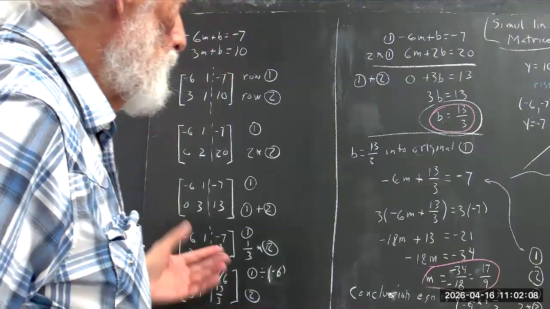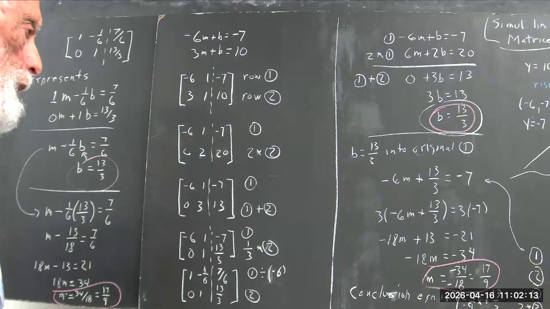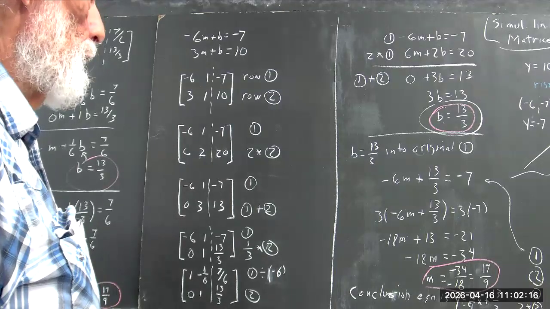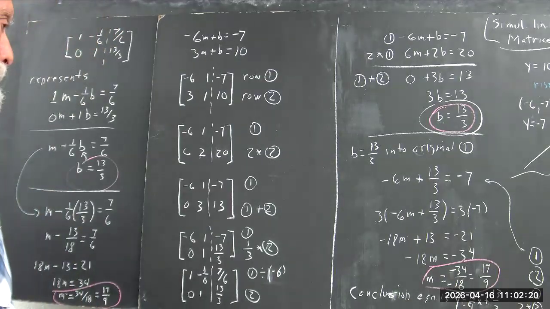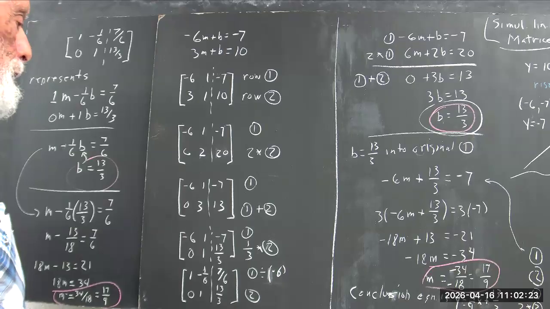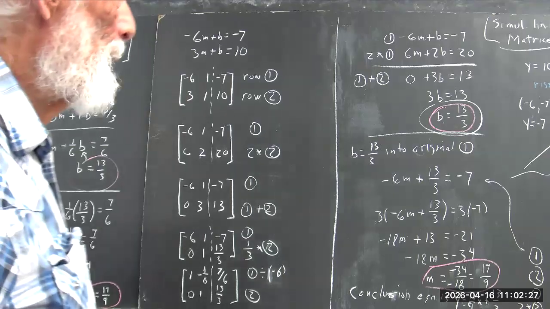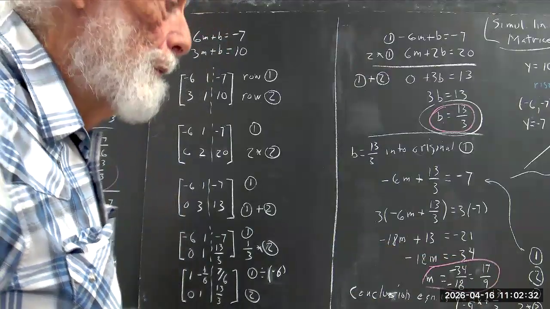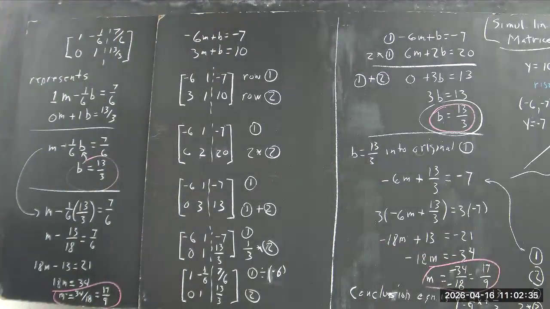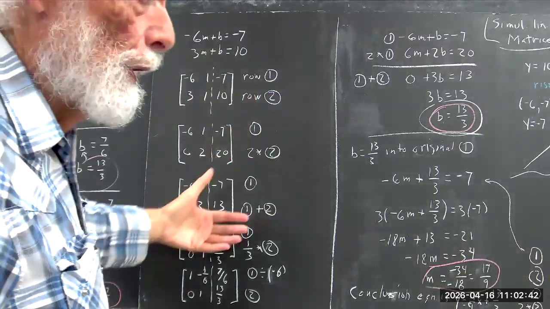Now you might wonder, why do we bother with this matrix reduction stuff? Well, when you get into more equations and more unknowns, it becomes much more efficient. And also, you'll see later how this system of equations can be represented as a matrix equation. And matrix equations, if you got a big matrix, you don't want to do this all by hand.